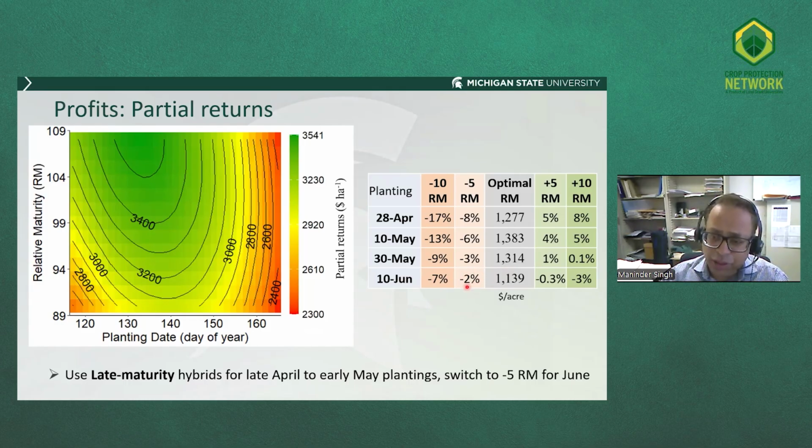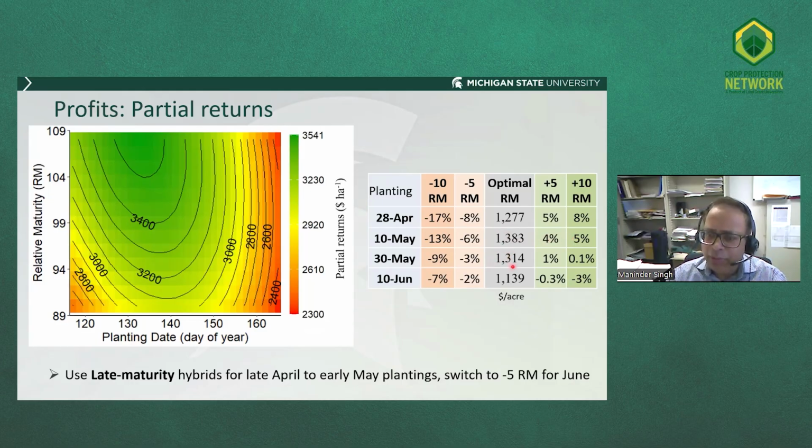We were surprised to see how well the optimal maturities did, even under these late planting conditions. And I will come back to that. There is a phenomenon we believe is behind this, and that can help us think through switching to earlier maturities when the planting is delayed. So I think our recommendation is if we are dealing with end of April, early May plantings, go with 5 up to 10 units longer maturities.